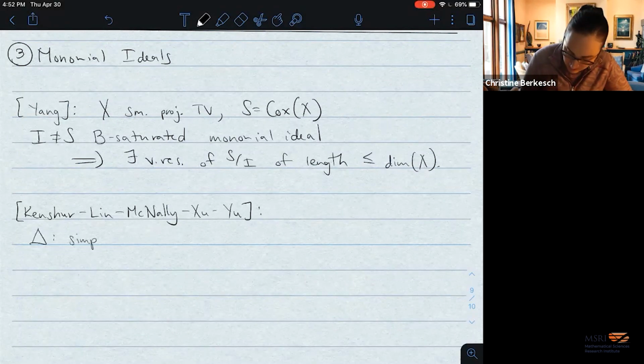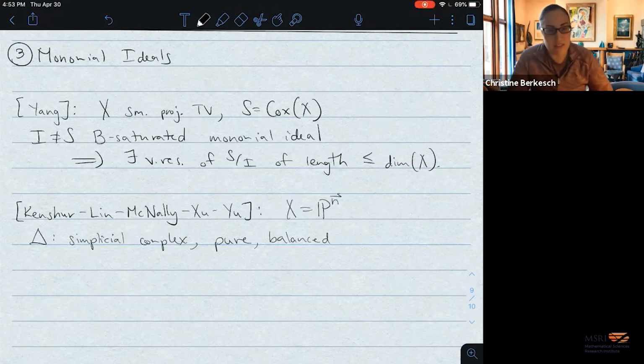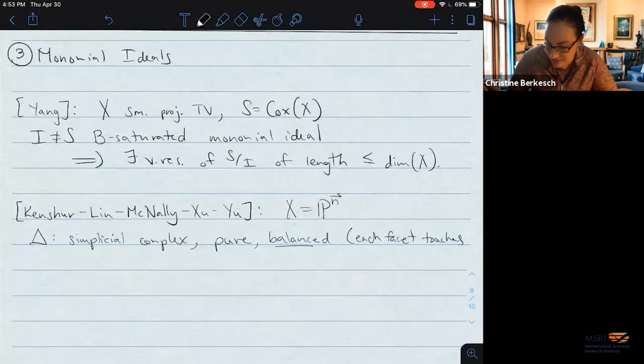So if we start with a simplicial complex that's pure and balanced, what that means is now I'm working again in the product of projective spaces case. So balanced means that each product, each P to the N_i, is involved in each facet, right? So each facet touches or involves each P^{N_i}.